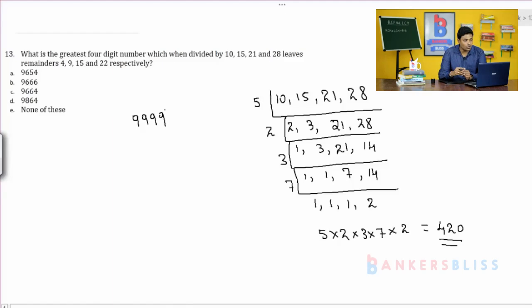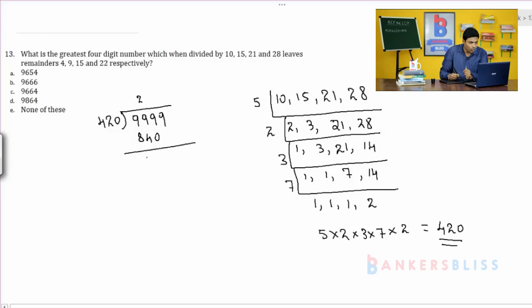But this is not going to be divisible by 10, 15, 21 and 28 by leaving the remainder 4, 9, 15 and 22. So you divide this 9999 by 420. 420 how many times? 420 2s are 840.